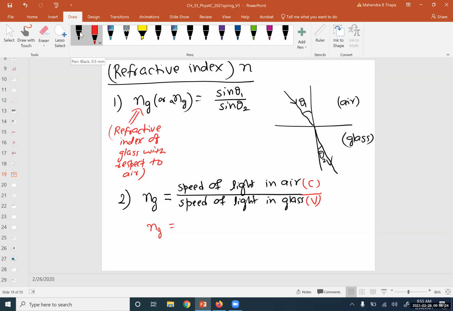For simplification, we can write ng equals, and we know that speed is lambda naught times f for air, and lambda times f for the medium. Light also behaves as a wave, so it has frequency and wavelength.